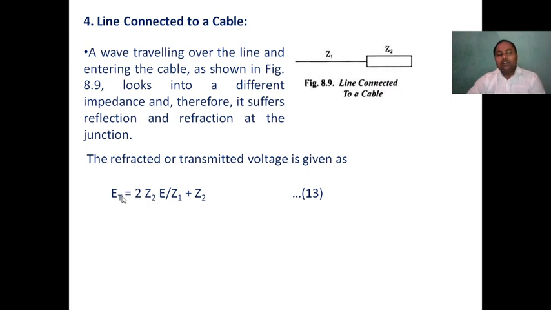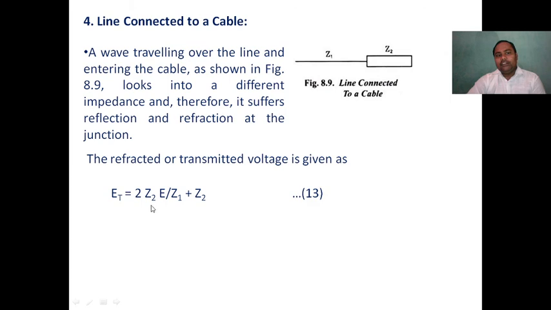We already studied the reflection and refraction coefficients. The refraction coefficient is 2 Z2 by Z1 plus Z2. In the previous case we had impedances Z and ZC; here we have Z1 and Z2.